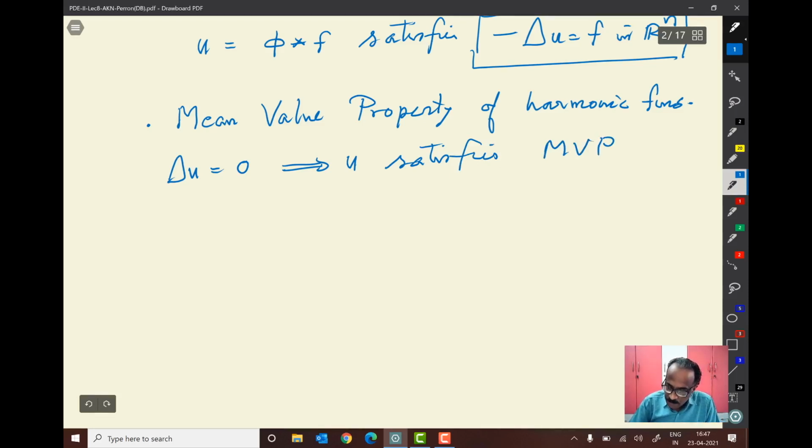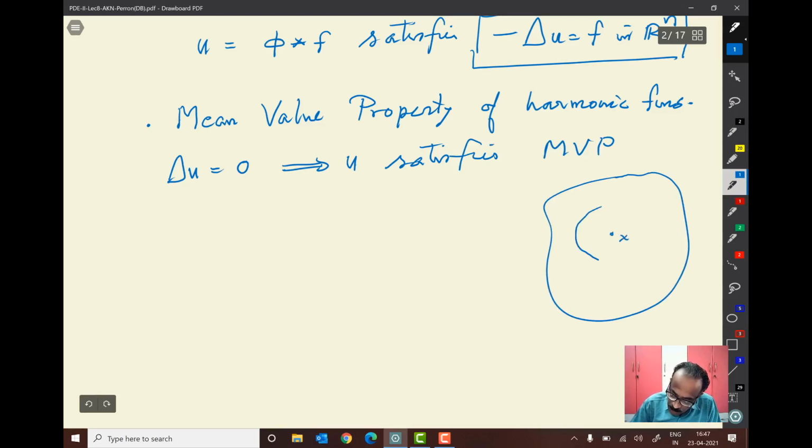That is, if you have a domain here, you have any point x here, you take any ball of radius r, you can compute your value. In fact, these are all if and only if properties basically. Eventually, we have seen that this is an if and only if property.